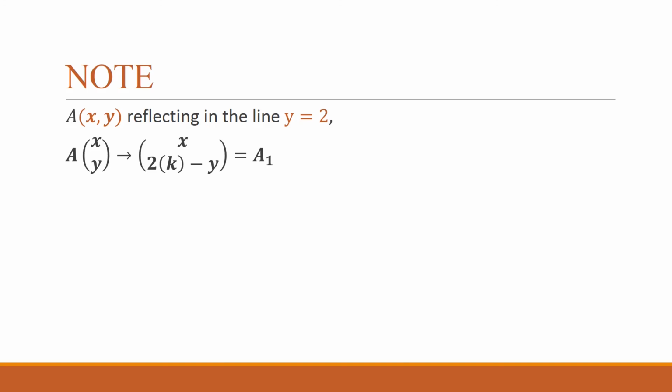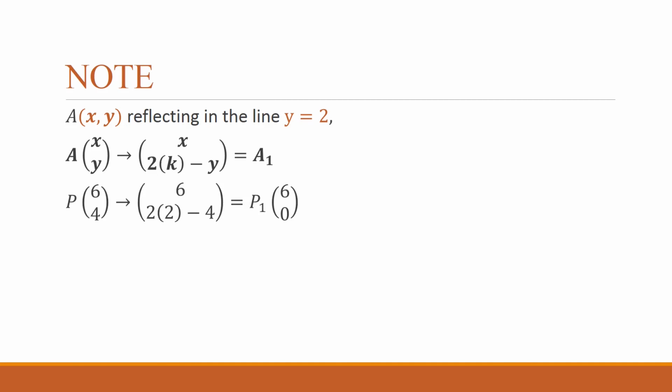So I just have to rewrite the point in column form. (x, y) maps to (x, ...). We can see that the x-coordinate remains the same because we are dealing with reflection in the line y equals k. So the only thing that changes is the y-coordinate. Just as we said, the constant k will be multiplied by 2 minus the y-coordinate, and that will produce my image point A1.